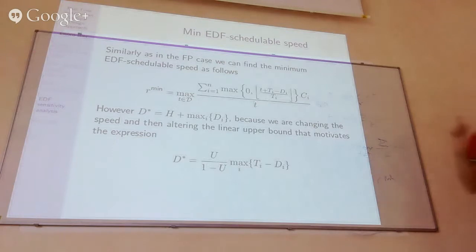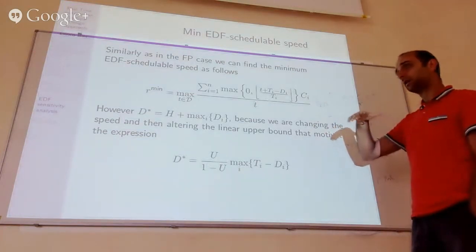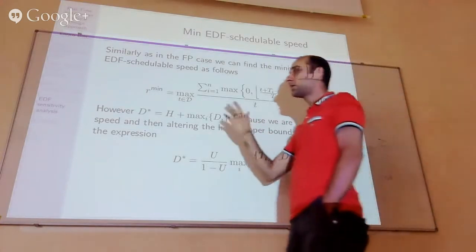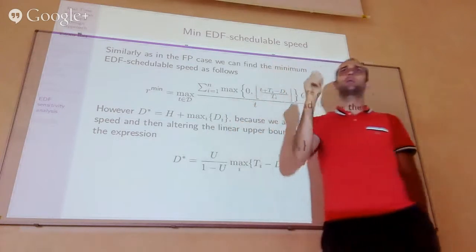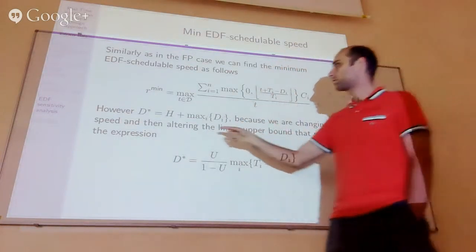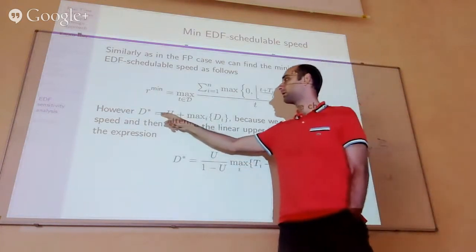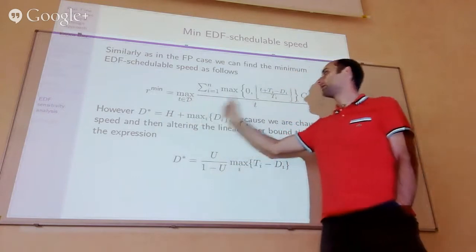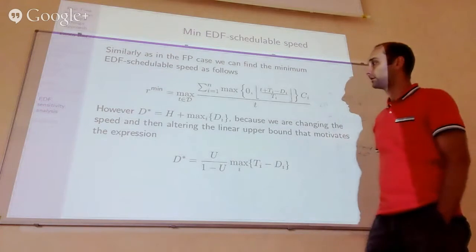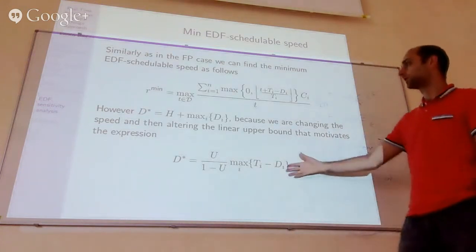Now, since we are playing with the speed, and therefore the utilization and computation time, we cannot use that expression anymore, because the value of utilization is subject to change. So here we can only use as D star the classic, the older value: H plus max.